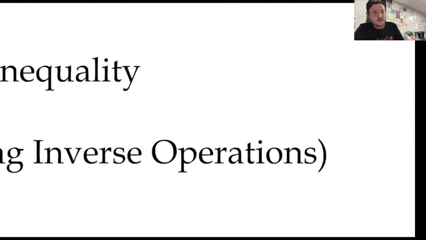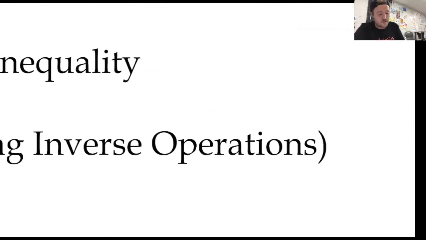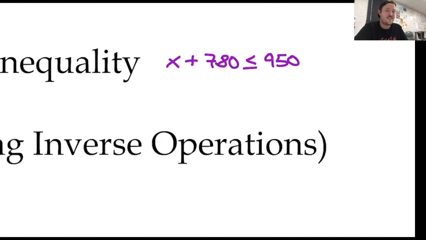This is where you have to translate from English to math, because math is literally a language. So you have some unknown amount of weight plus the 780 pounds that already exist on the elevator, and you can have a maximum of 950 pounds. If you can have a maximum, that tells you you have to be less than or equal to it. You can have 950 pounds on the elevator, but no more.